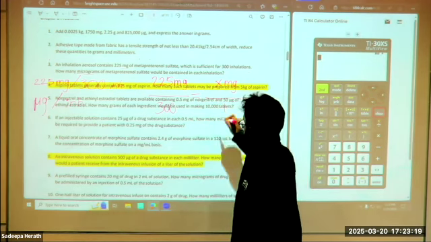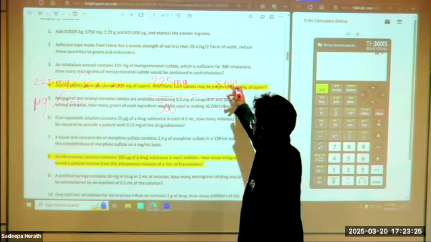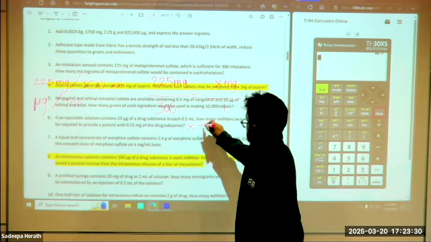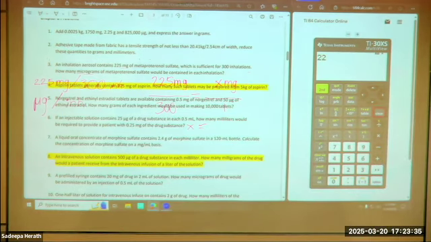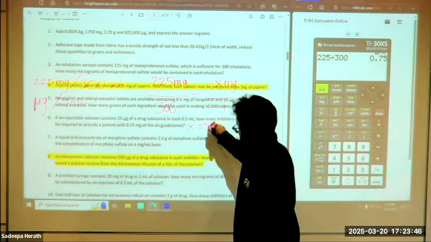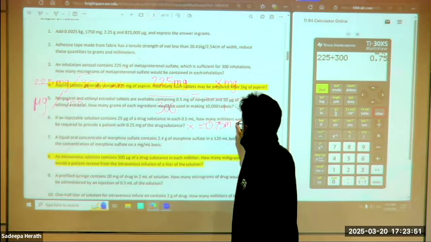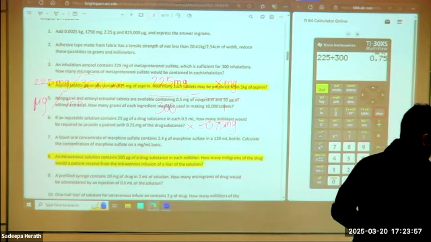So this divided by itself is the same, and we're just solving for X. 225 divided by 300 equals 0.75 milligrams. So we have milligrams. That's a starting point, right?